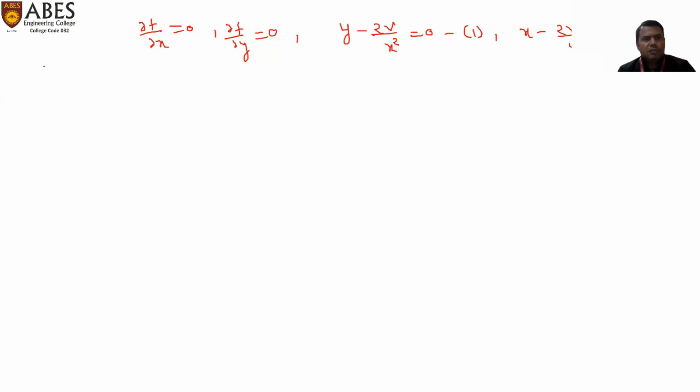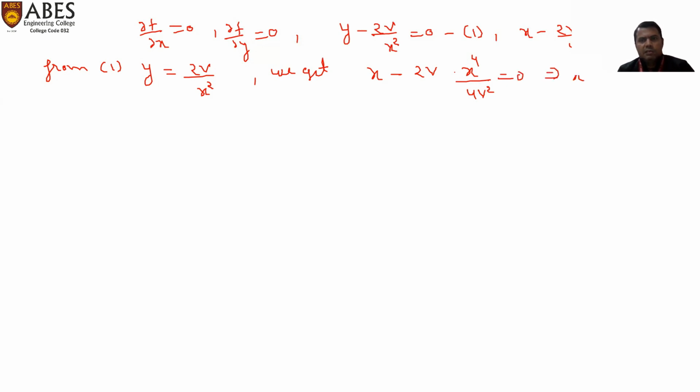Now from equation number 1, we get y equals 2V upon x squared, and put it in equation number 2. Then we get x minus 2V into x to the power 4 upon 4V squared equals 0. So this implies x times (1 minus x cubed upon 2V) equals 0.